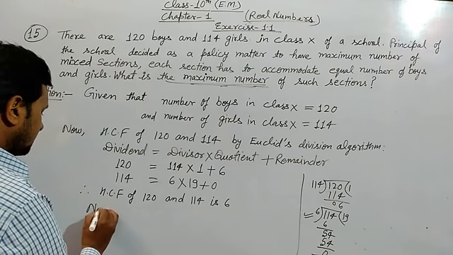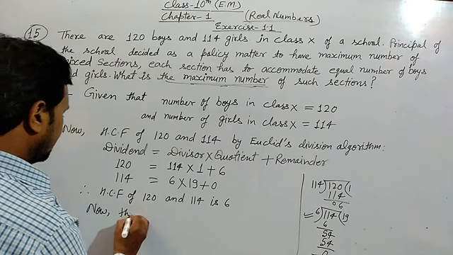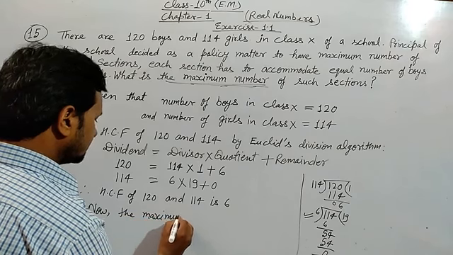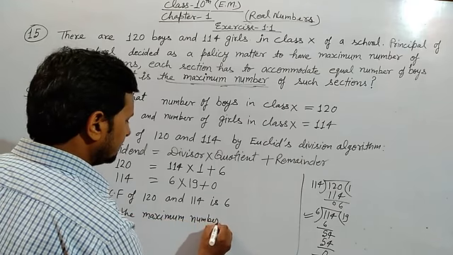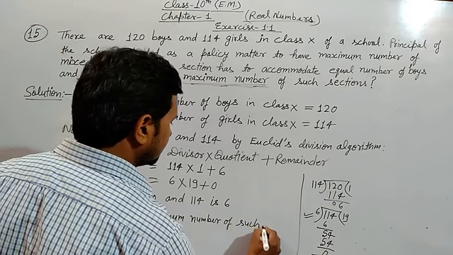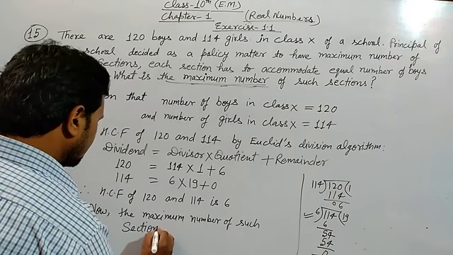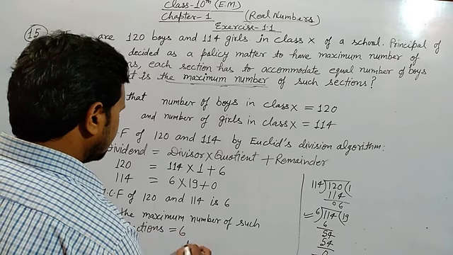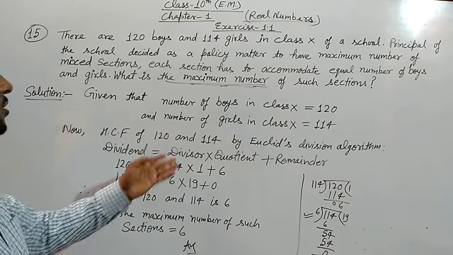Now the maximum number of such sections is equal to 6. This is the answer. Means you have to get only the HCF of these two numbers.